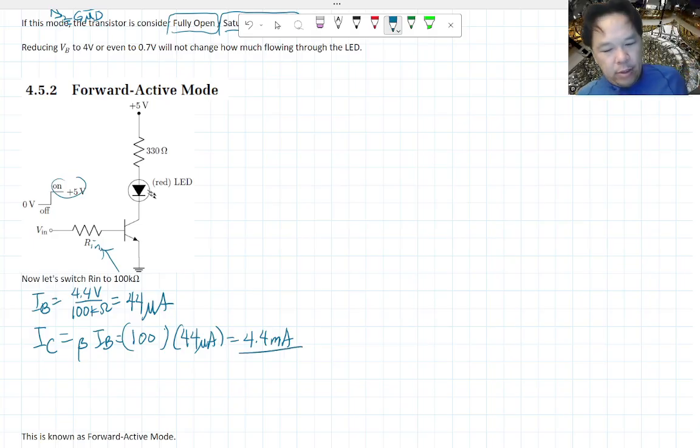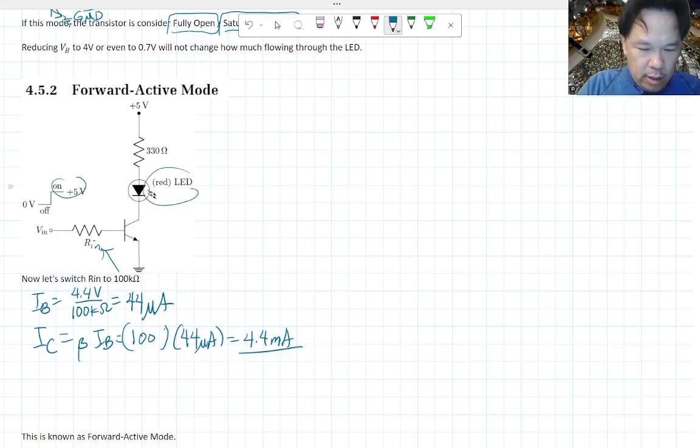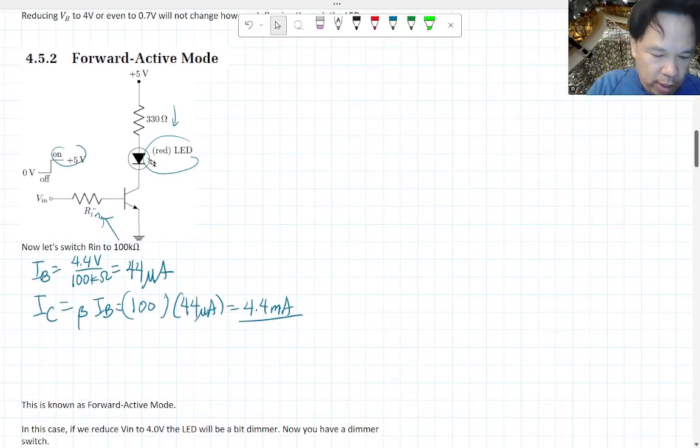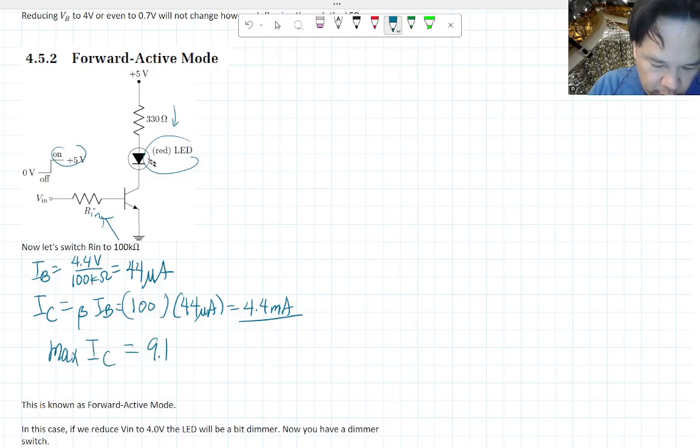Okay, so in this case, the collector current here is not maxed out, because you're not close to this 9.1 milliamp current. So basically, the max IC you can have is actually 9.1 milliamp. So you're not close to that.